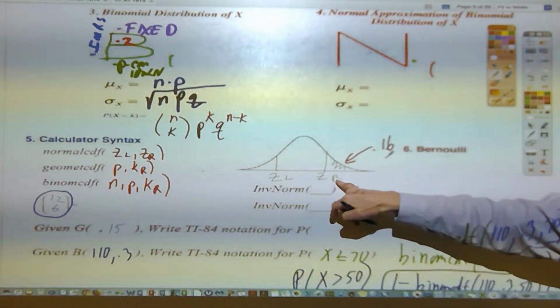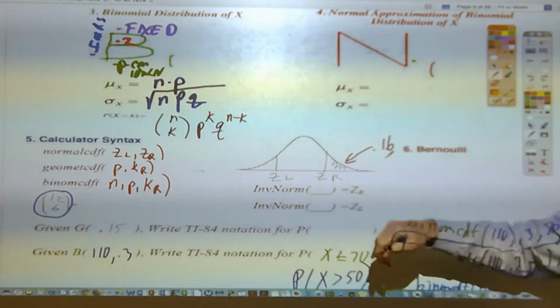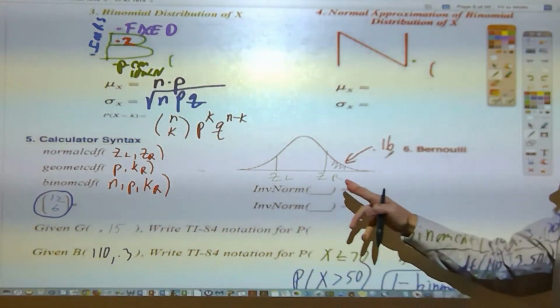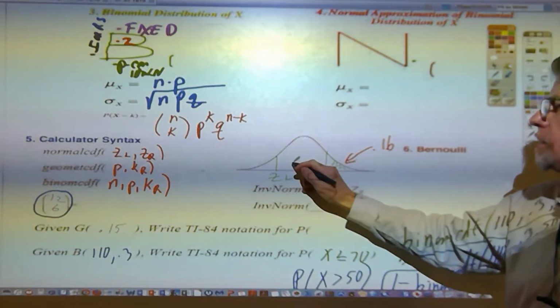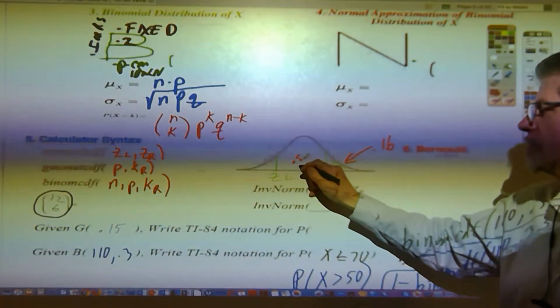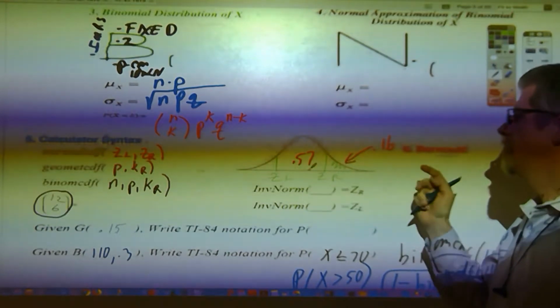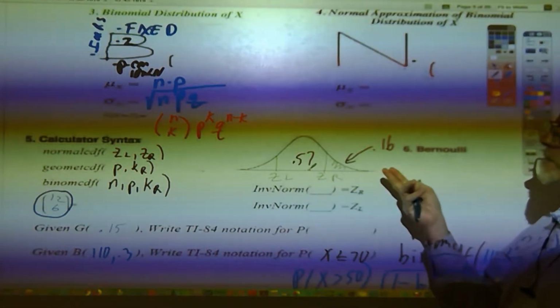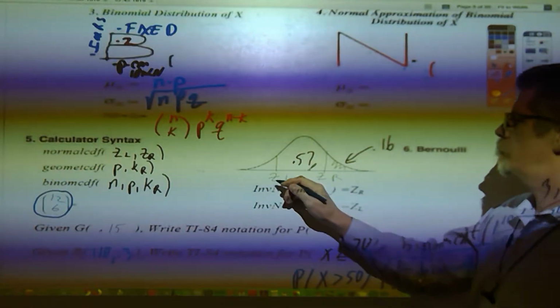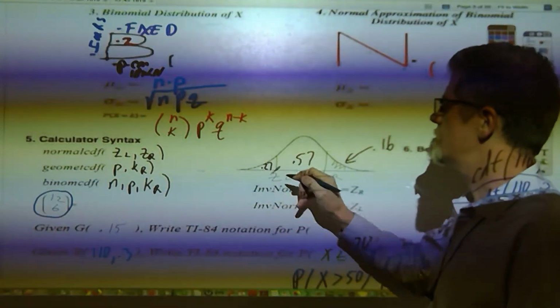If you wanted to know what Z sub R is, the inverse normal of what number? Oh, what number did you say you had filled in here? 0.57. Okay. Which, by the way, since all three numbers have to add up to 1, 57, 67, 73, so this is 0.27 here by subtraction.